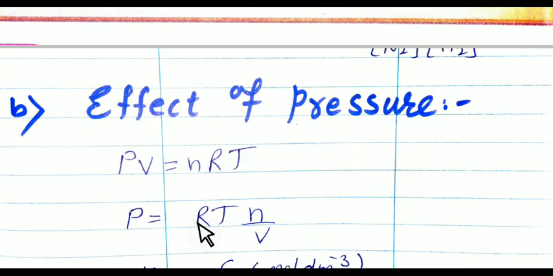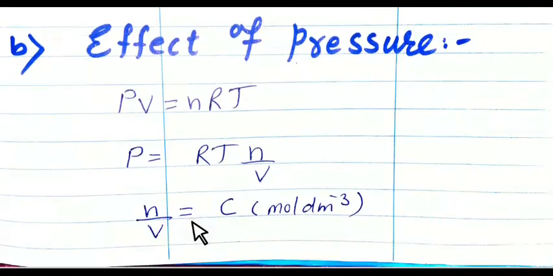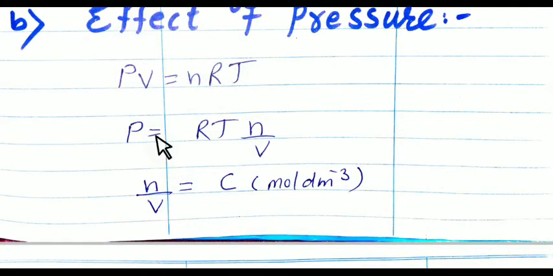So what does the formula say actually? At constant temperature, P is directly proportional to n upon V, because temperature is constant and R is the universal gas constant. In n upon V, n means number of moles and V means volume.